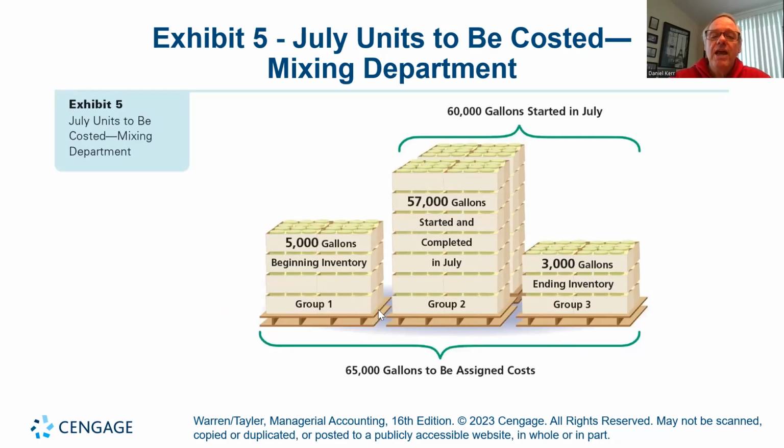So the total amount that we have to assign cost to is 62,000. But the gallons that were actually started and completed in July was this 57,000, and then you had 3,000 that was started but not completed. So you have 60,000 that was started, but of those 60,000, only 57,000 were actually completed.